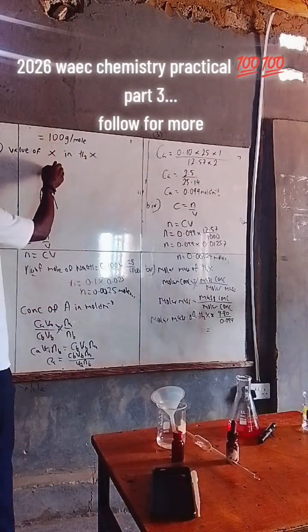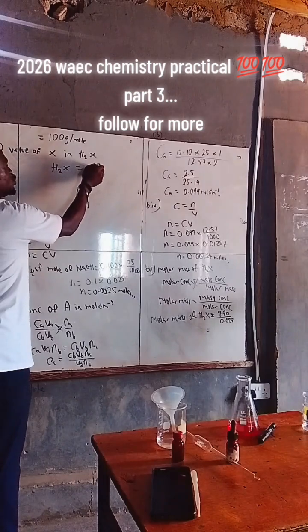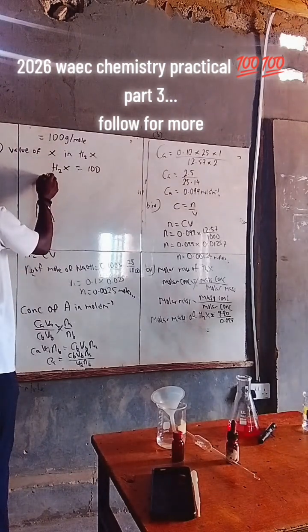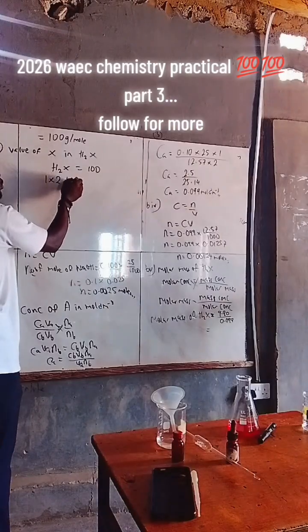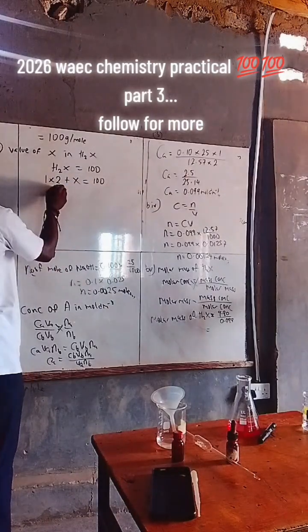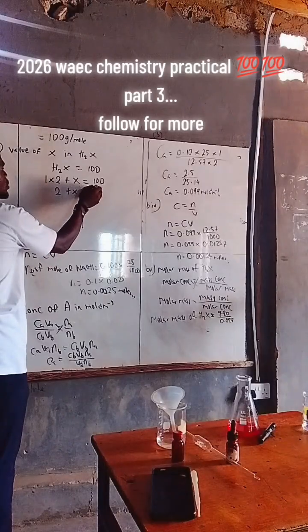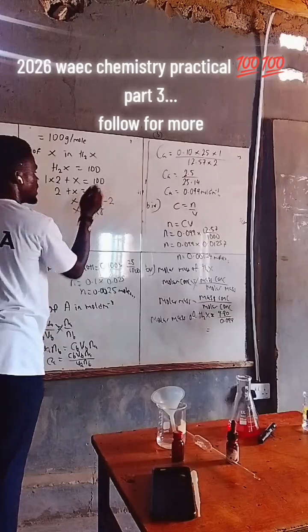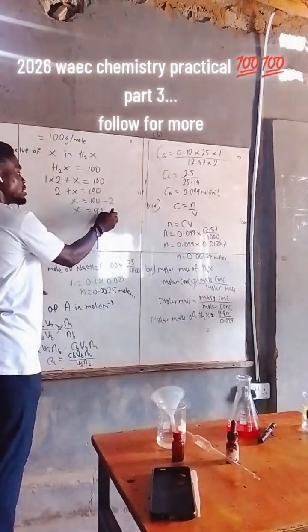So therefore H2X is to be 100, right? So what is hydrogen? 1 times 2, Abi, plus X, right? Equal to 100. Do I agree? So this is 2, right? Plus X equal to 100. So X is 100 minus 2. X is 98. 98 gram.